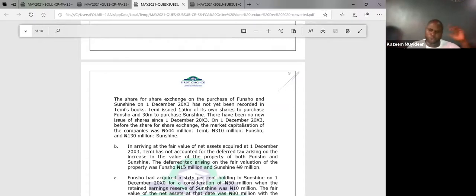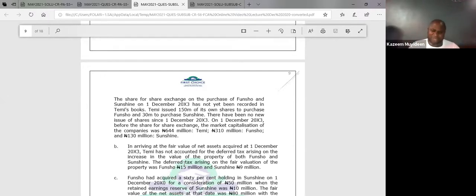Sometimes they will give us the tax base to compare with the carrying amount. That question is also going to come up on post-acquisition on Friday by God's grace.